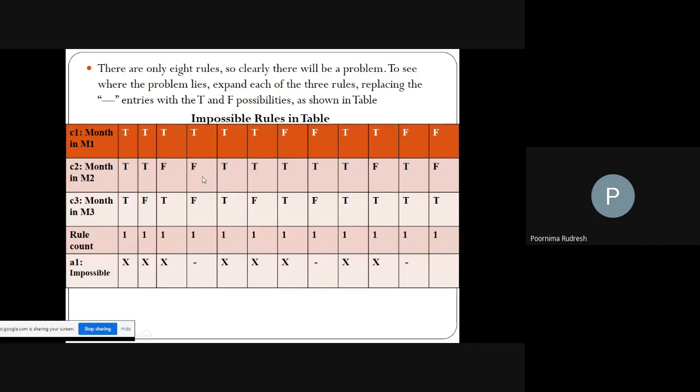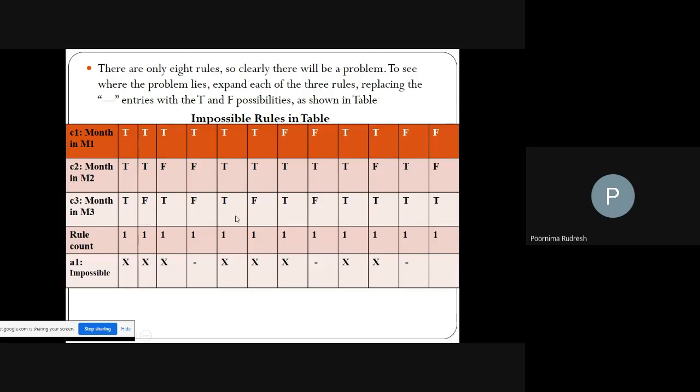Similarly, they have used it for the remaining conditions. For month M1 true, and M2, M3 false, we get an output that is not represented here. And for true, true, true it is not possible.